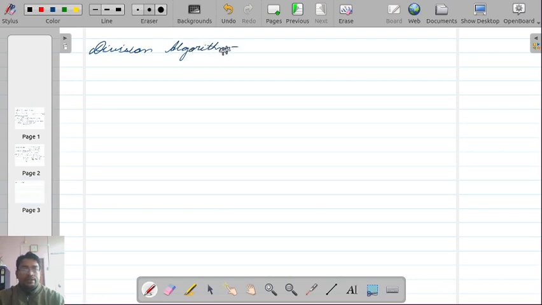What does it say? Let me state it directly from the text, whatever is written.